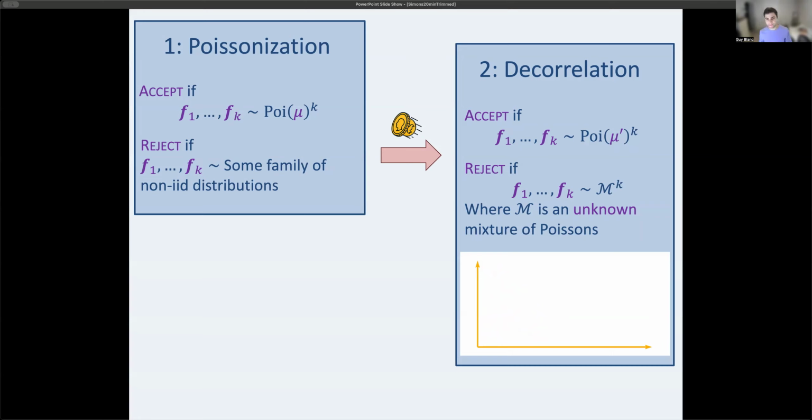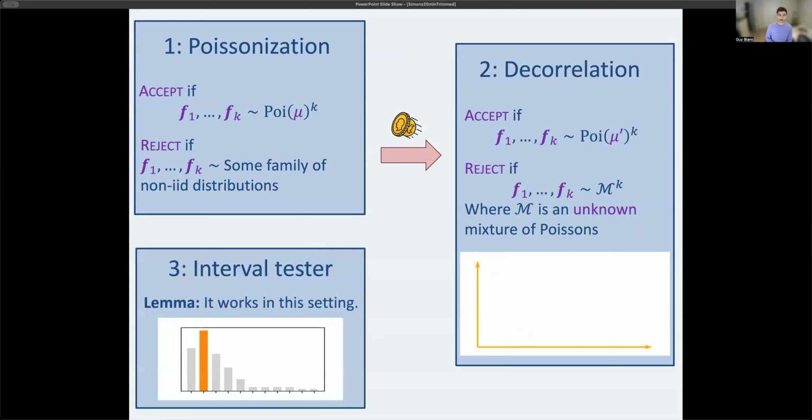Poissonization is a very general technique; this is a decorrelation. We show how to transform these possibly correlated frequency values into uncorrelated frequency values with slightly different structure. And then finally, when we have these uncorrelated frequency values, we show that the interval tester works. That's very high level, 1, 2, 3, but I just wanted to show you why we don't say the interval tester directly works, and we instead do some transformations to get it there.